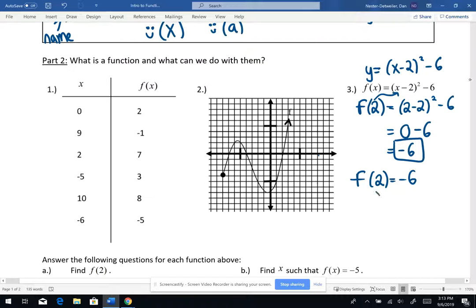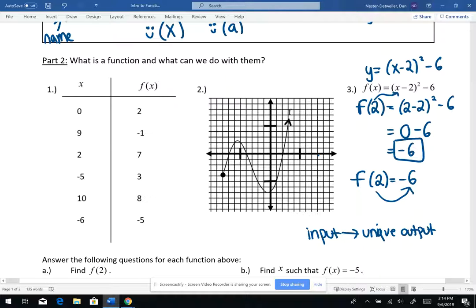It only maps to one specific y coordinate. That's the definition of a function: for every input, there is one unique output. So I should even write that down. For every input, there's one unique output. You can put that in your own words, but that's my abbreviated version.